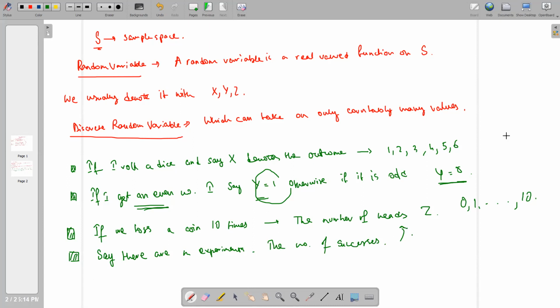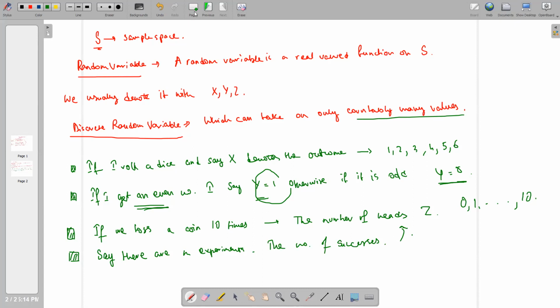And notice that these all are discrete random variables, taking on countably many values. So these are some examples of discrete random variables.